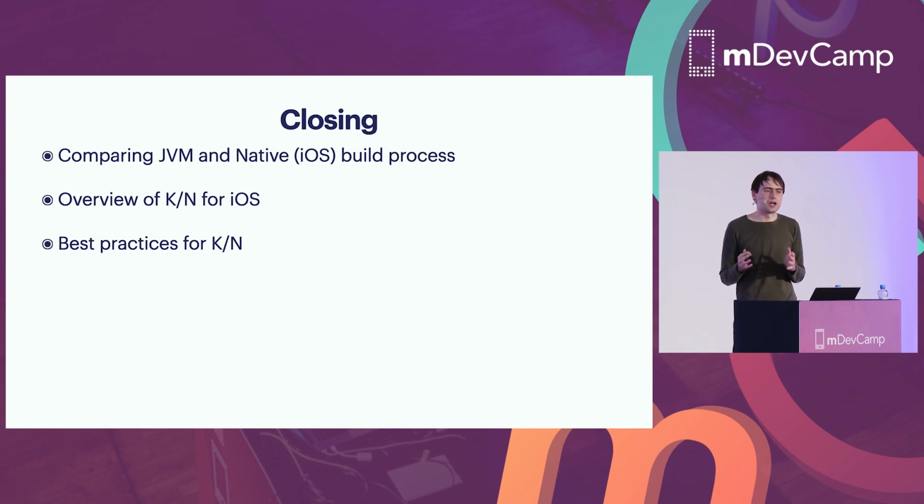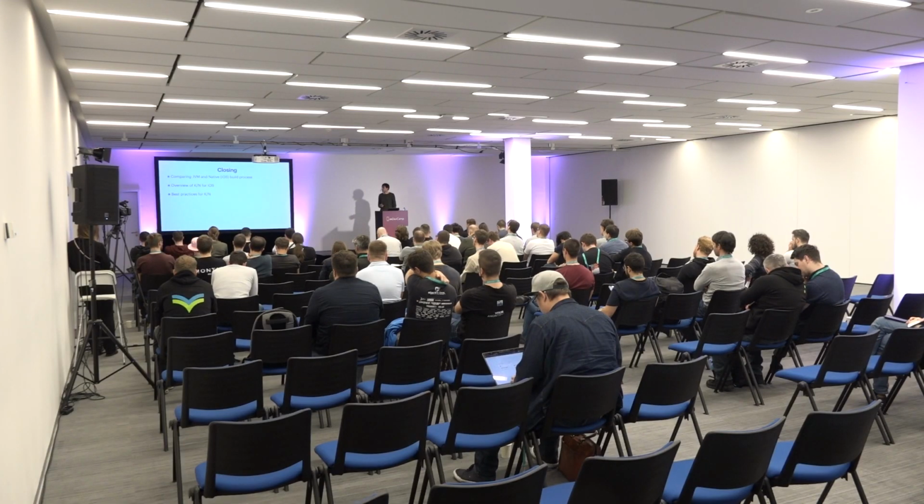On the way, we learned how to build an executable from the compiler point of view. Then we looked at the basics of Kotlin Native for iOS and some of its key features. And at the end, we discussed some best practices for using Kotlin Native.